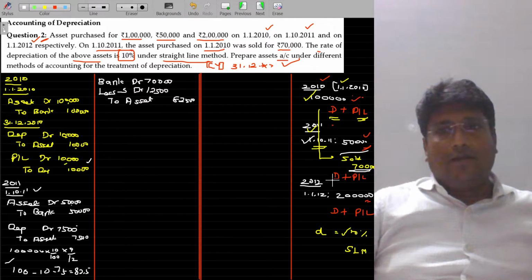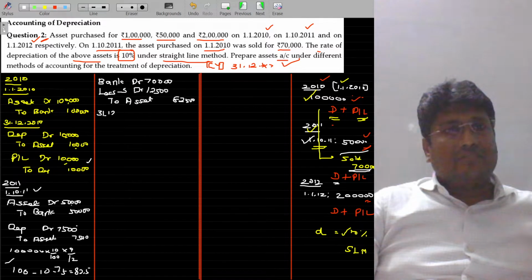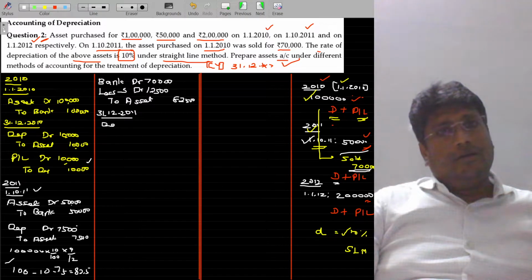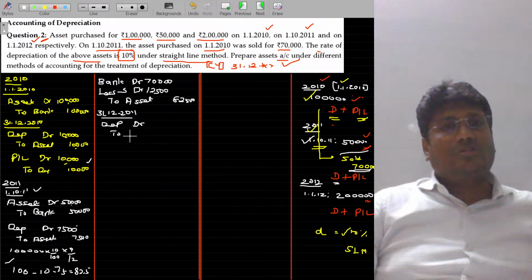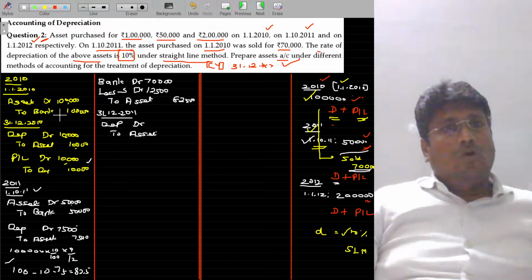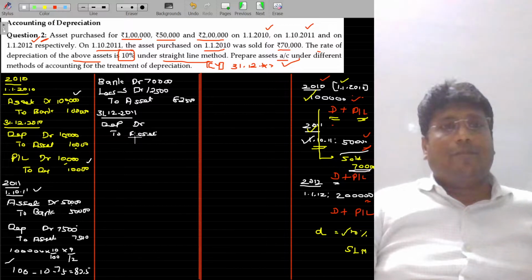Let's go for the year end to provide the depreciation. The depreciation for the year ending 31st December 2011. Depreciation account debit to asset account. How much is that? Old asset: this asset was sold, so no more is this asset eligible for depreciation.